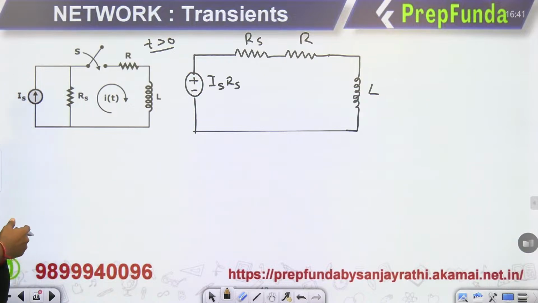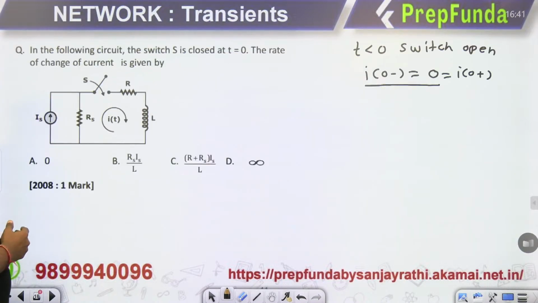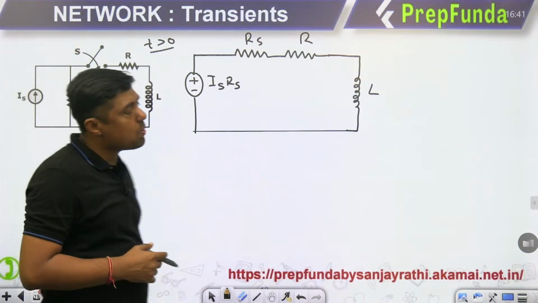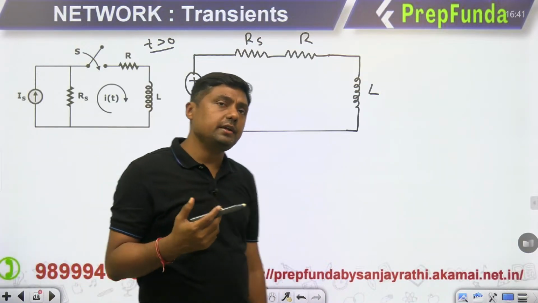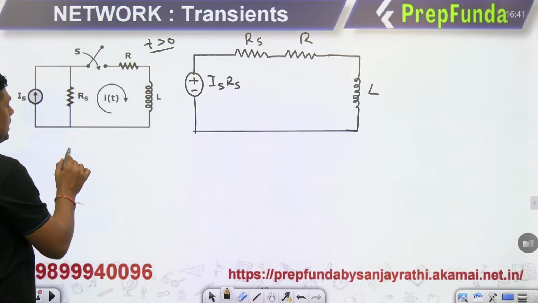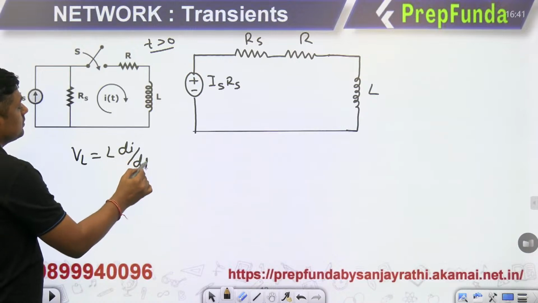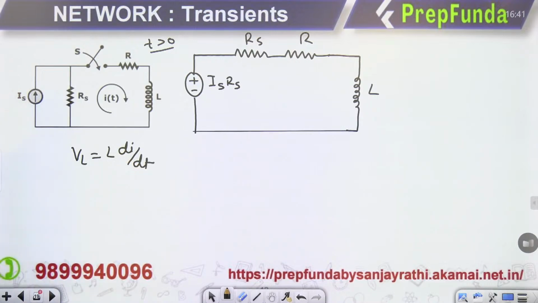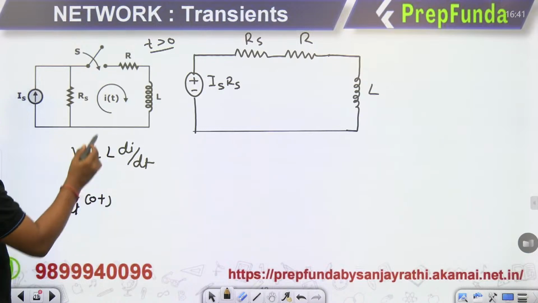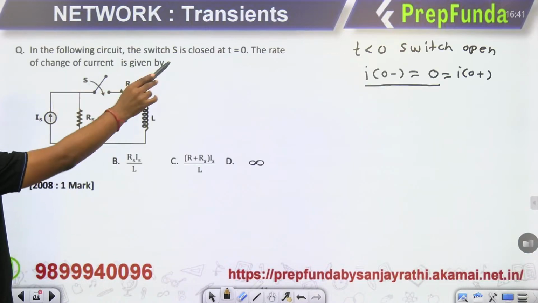Now what is asked here? The rate of change of the current is given by. Now guys, what is the voltage across the inductor? Voltage across the inductor VL is given by L di by dt. So what is the rate of change exactly at t equal to 0 plus, because it is asked at t equal to 0.